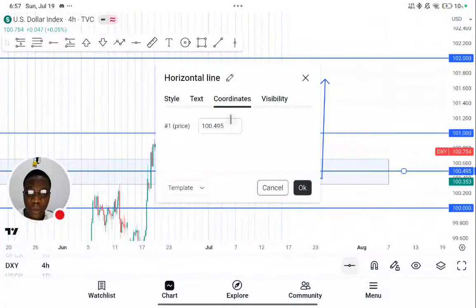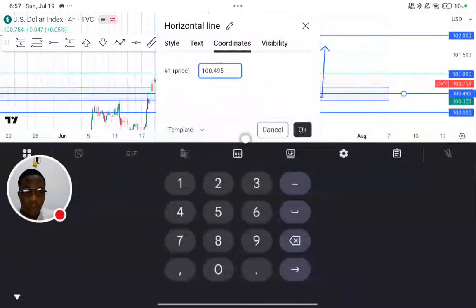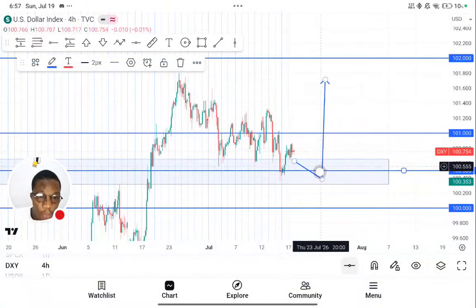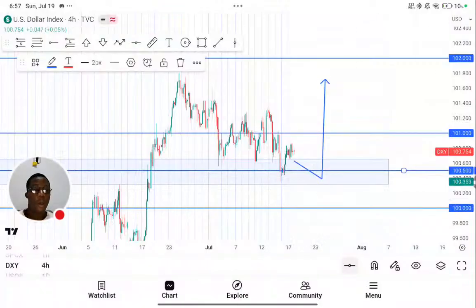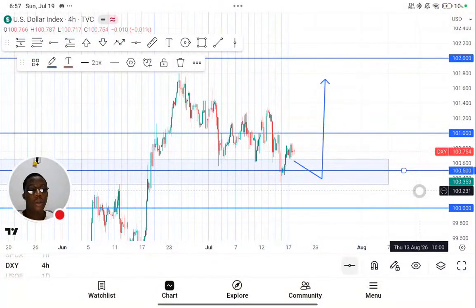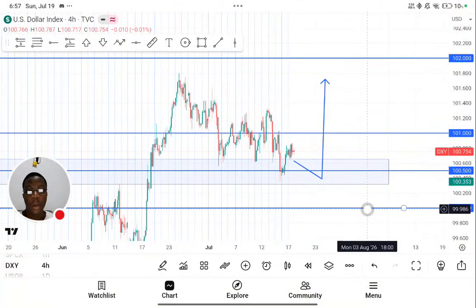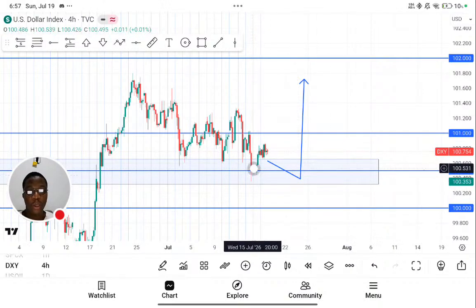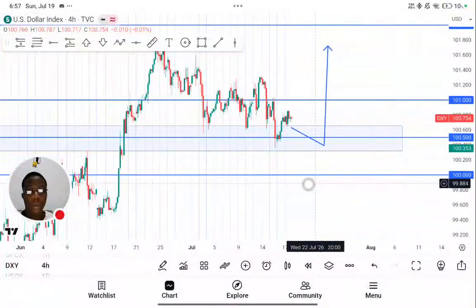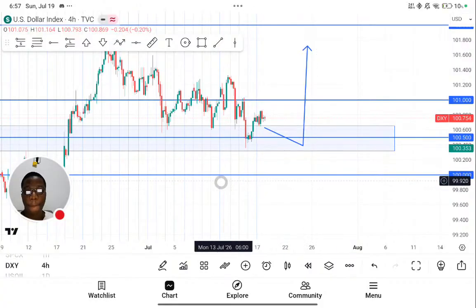Because when we see next, we are looking for the nearest round level there, and you would see 100, 105. So do you understand how I come about them? So it has bounced off it, it's continuing, right?